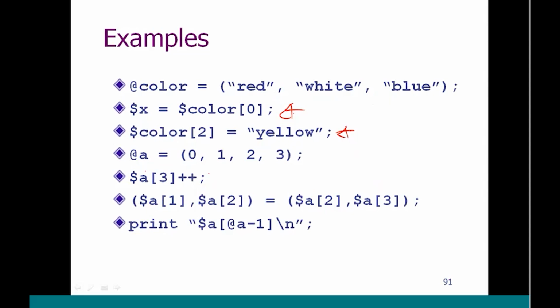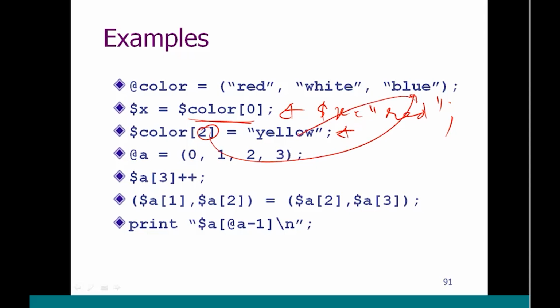One thing to note is that color 0 means $x is equal to red. And then color 2 is yellow, which means that color 2, the last element of the array, which is blue, is replaced by yellow. And this is more like a string array. These are known as string arrays.